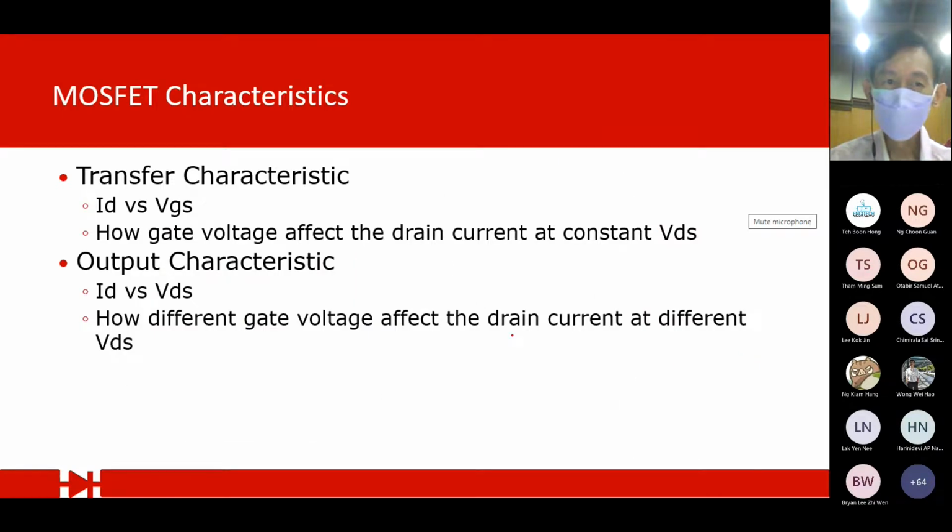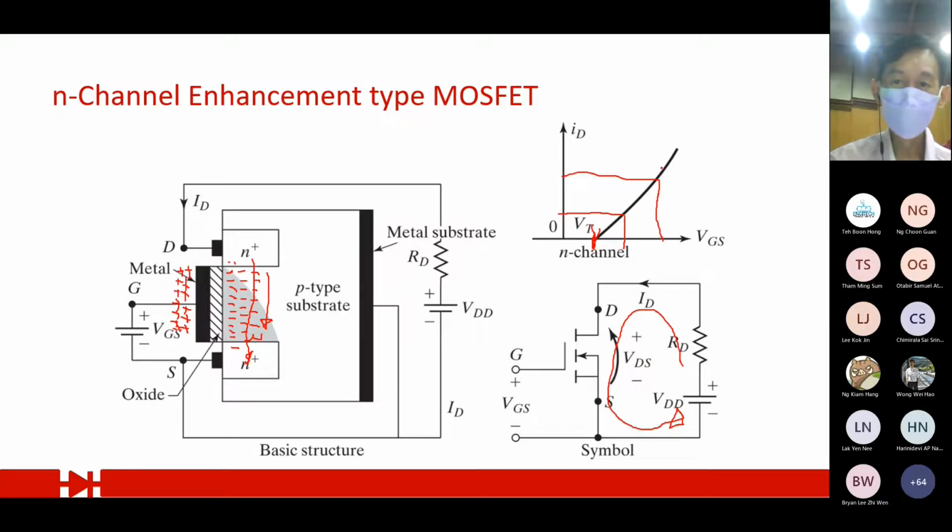Now, in order to understand more about the transistor, we measure the transistor in terms of transfer characteristic and output characteristic. Transfer characteristic means ID versus VGS, like what you saw just now.